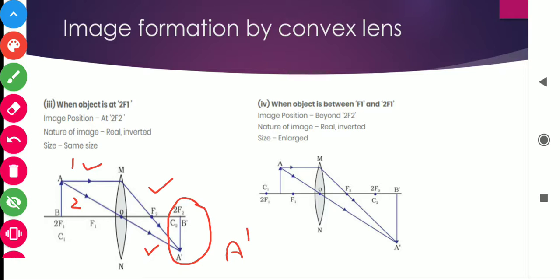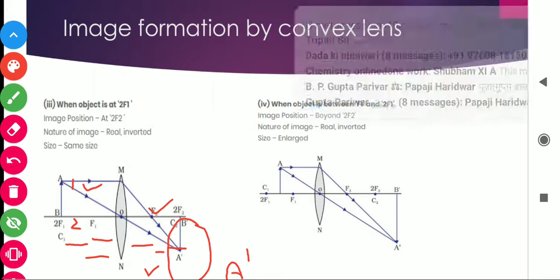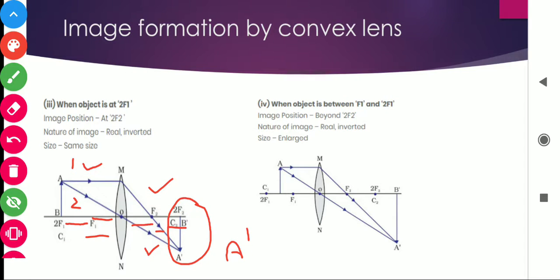When we measure its length, students, draw it with the help of scale only, and the distances remain same, F1 and F2. If this is 3 centimeter, then it should be 3, and it should be 6 because it is 2F. It is also 2F, means 6 centimeter, if we are taking focal length 3 centimeter.